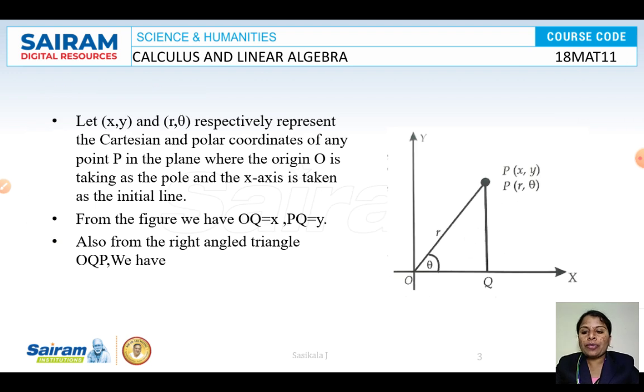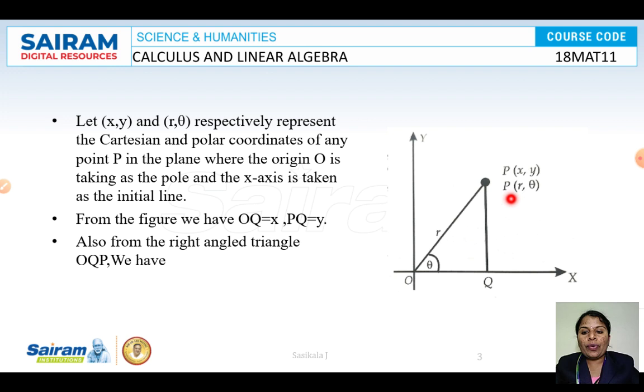Now you can come to polar curves. Let (x, y) and (r, theta) respectively represent the Cartesian and polar coordinates of any point P. In that graph, P of (x, y) is in Cartesian form, and P of (r, theta) is in polar form.